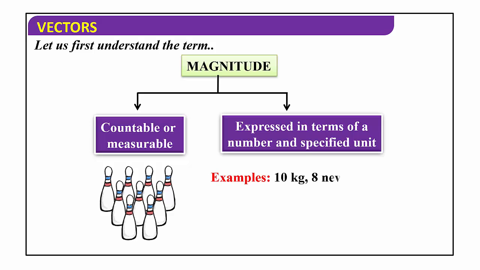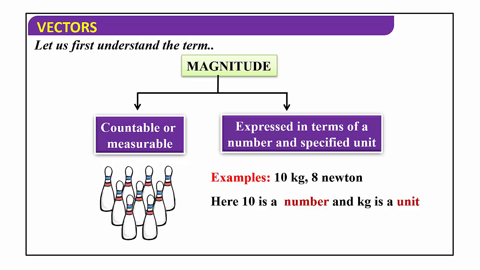Similarly, these are expressed in terms of a number and a specified unit. For example, 10 kg, 8 Newton. Here, 10 is a number, and kg is a unit. We know that kg is the SI unit of mass.